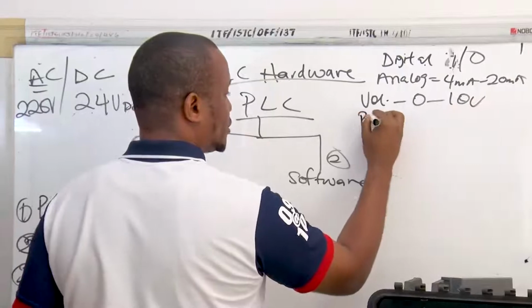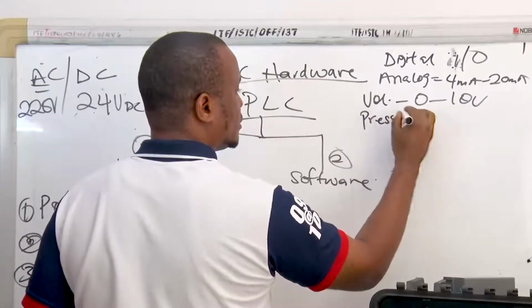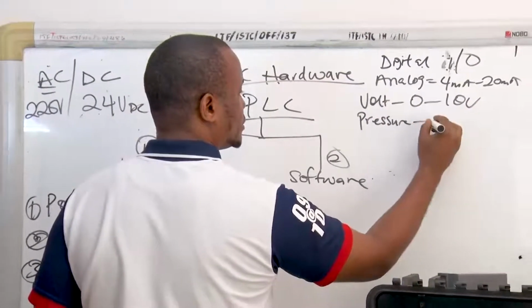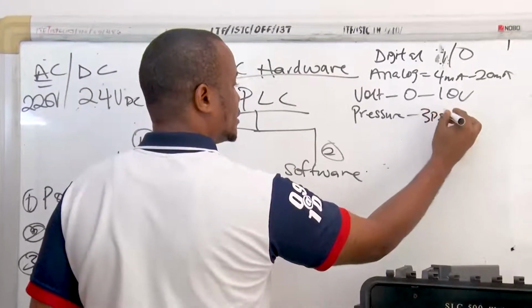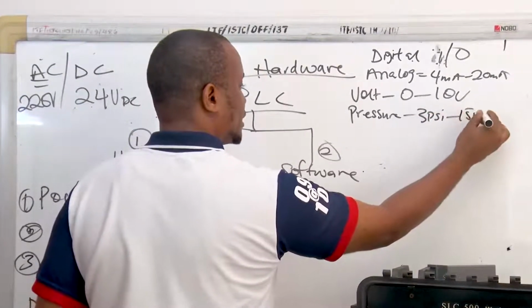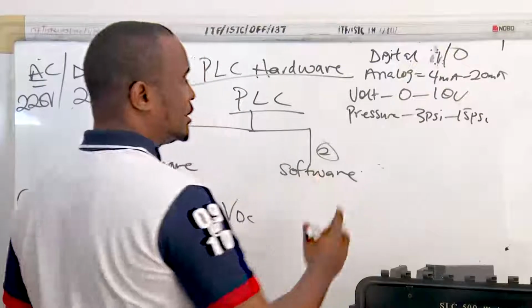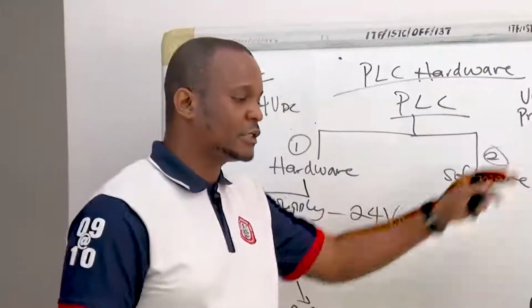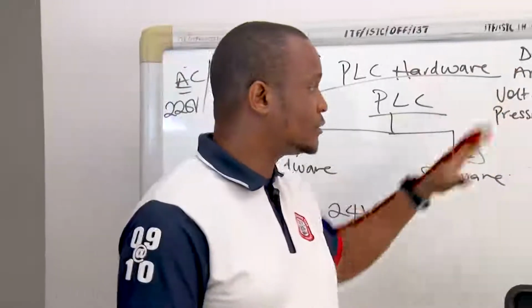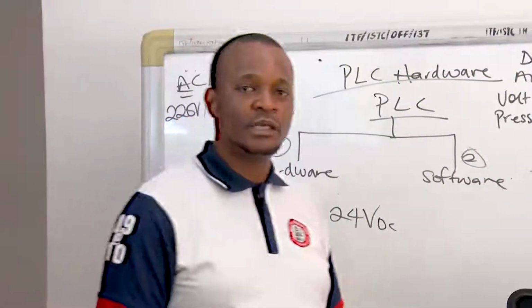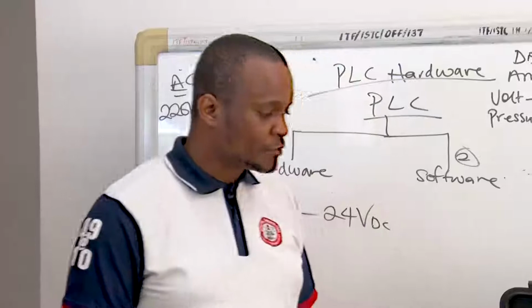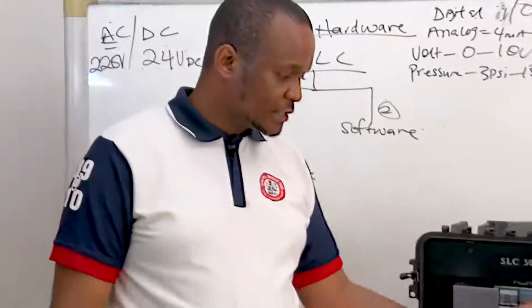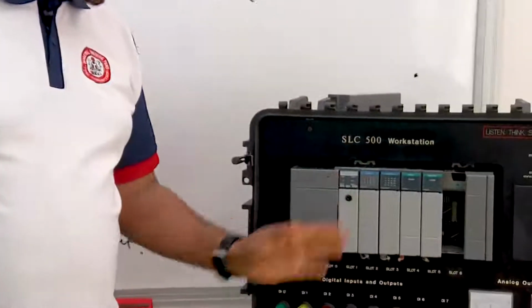And if it's a pressure signal, it can vary from what? From 3 psi to 15 psi. So these are just standard process signals that are used in the industries. So these are just analog. Remember, the real world we live in is analog in nature.